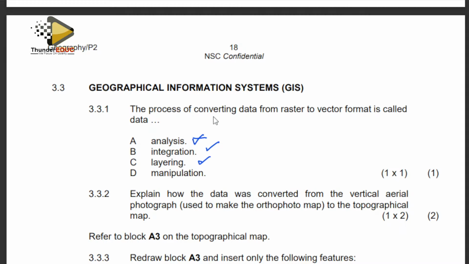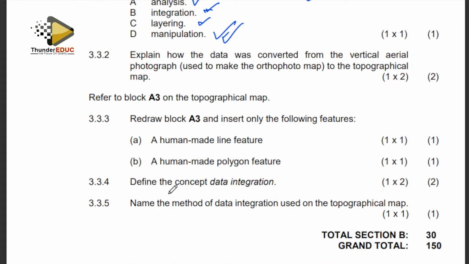Analysis is when you look at data critically, but you don't integrate it. Integration is putting data together. Data layering is putting data on top of each other, and therefore the only option you are remaining with is manipulation. Manipulation is the process of converting data from raster data to vector formatting. So the answer there is only D. It's manipulation, when you can play with the data for your advantage.